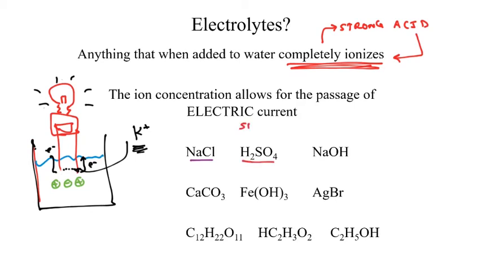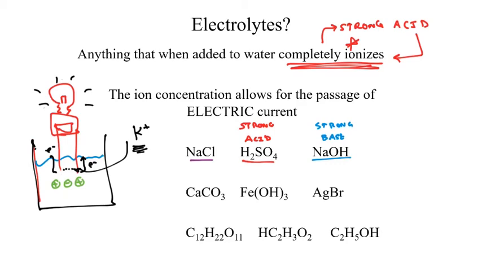That was one of our strong acids. As a strong acid, it is by definition completely ionizing, so a strong electrolyte. The next one, sodium hydroxide, is a strong base, and because it is a strong base, it by definition completely ionizes, and so it therefore will also be a strong electrolyte.